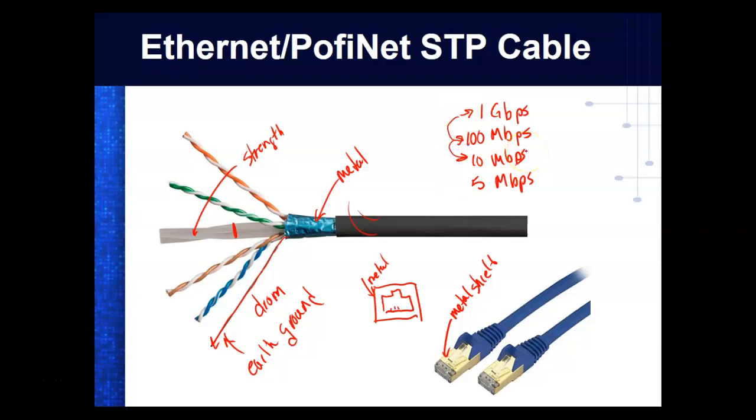So even though you got 1 gigabit available, and you screw up your cable and you don't build it right, or you pull it by the conductors instead of by the strength member, and you stretch those wires just a little bit, you change the characteristic impedance of the cable. So what that means is your network has dropped back to 100 megabits because it can't maintain 1 gigabit because you didn't build your cable correctly.